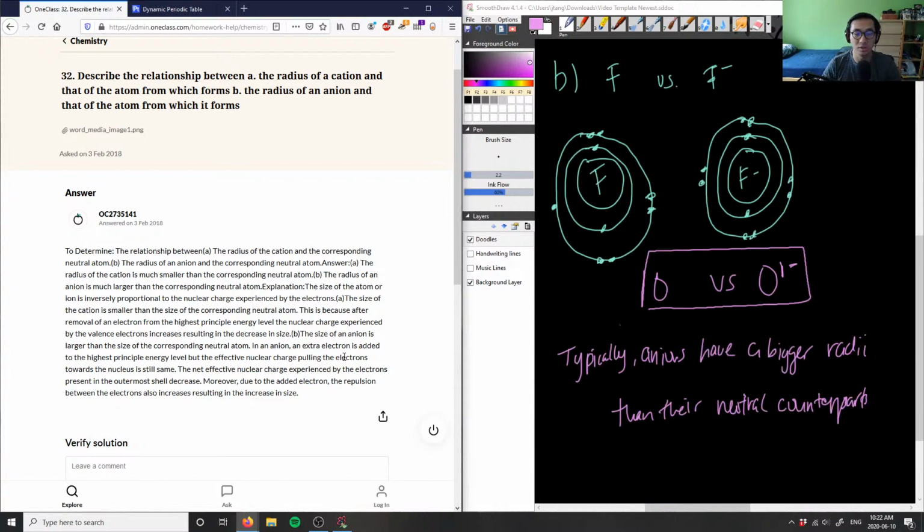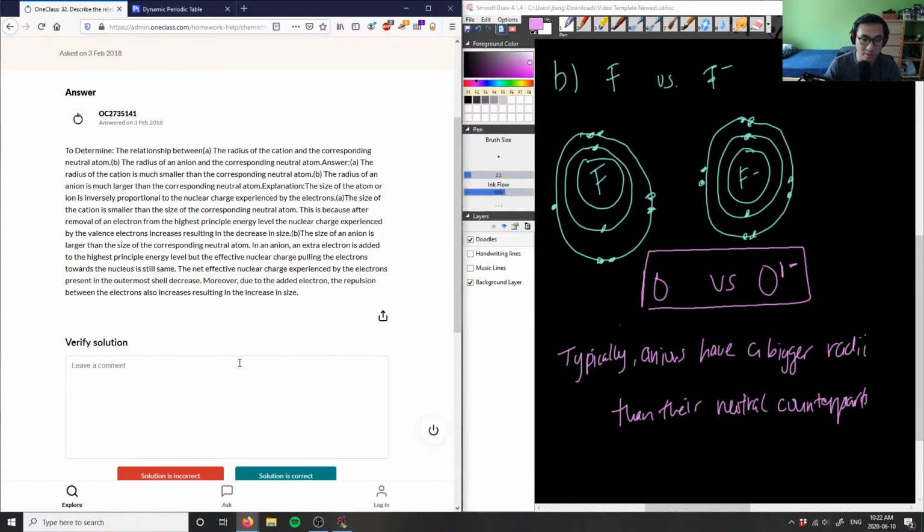However, again, there are actually exceptions to this rule when it comes to having a full octet. You'll explore more of that when we talk about atomic radius, shielding effect, and effective nuclear charge, because in a full shell, like what we have here for F minus, these electrons are very much attracted to the positive core in the nucleus. So it's going to pull towards the nucleus, making the atomic radius smaller.